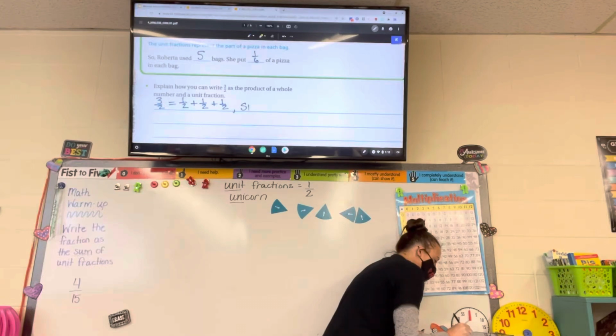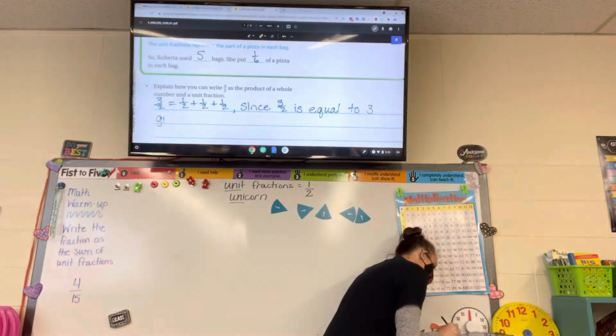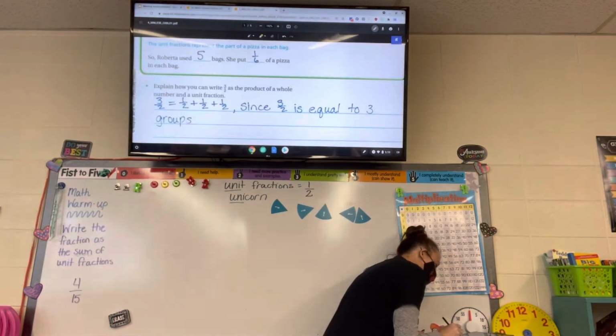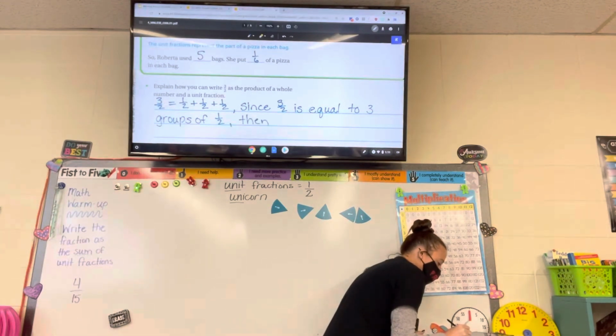Since 3 halves is equal to 3 groups of 1/2, then 3 halves equals 3 times 1/2.